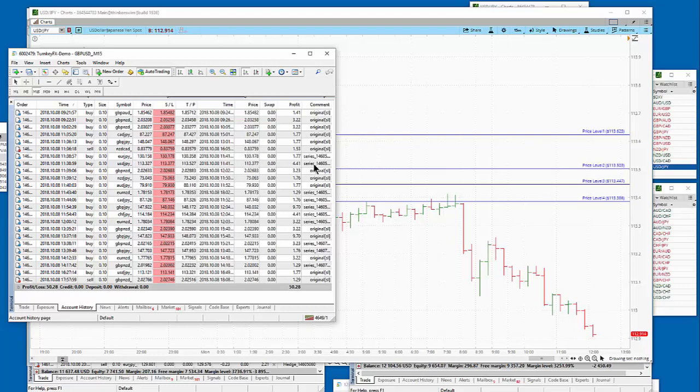So today we got a lot of series trades, which is a good thing, because typically the series trades will close for more money than the original trades do. And a lot of times these series trades will actually hit their profit target.